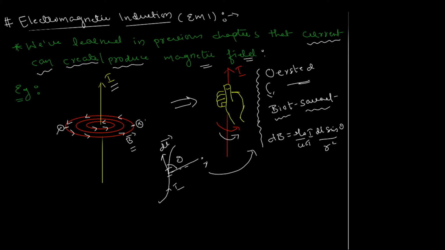If you draw a tangent at this point, the field lines will be perpendicular to your screen, coming towards you. And if you draw a tangent there, it will be going inside the board or inside the screen, perpendicular to you. Anyway, this is just one example that we have already learned in previous classes.